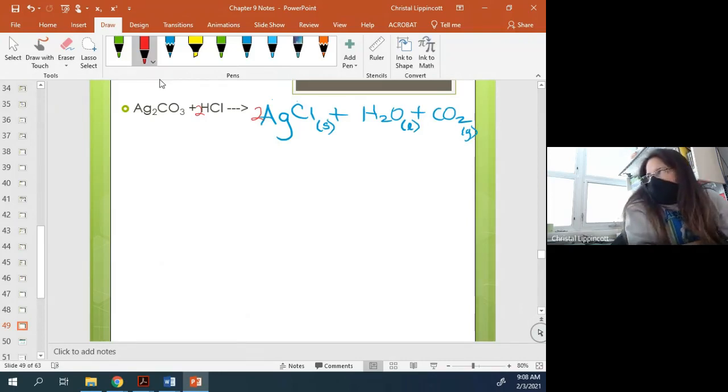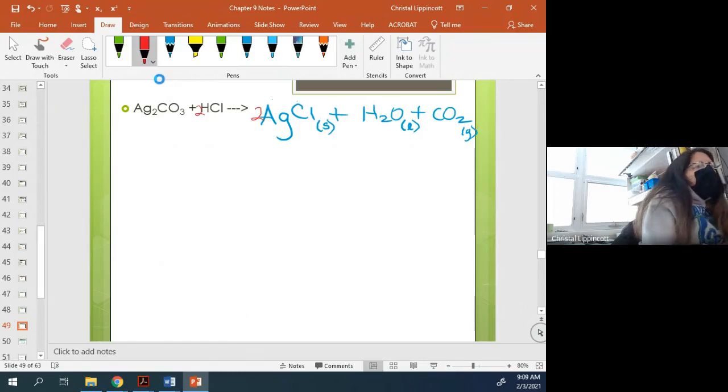So yeah, I'm balanced. Okay. Any of your other equations that I've taught you up until now, you don't have to write these phases in for your products, but when it comes to double replacements, you do, because it determines whether the reaction is actually going to run or not.